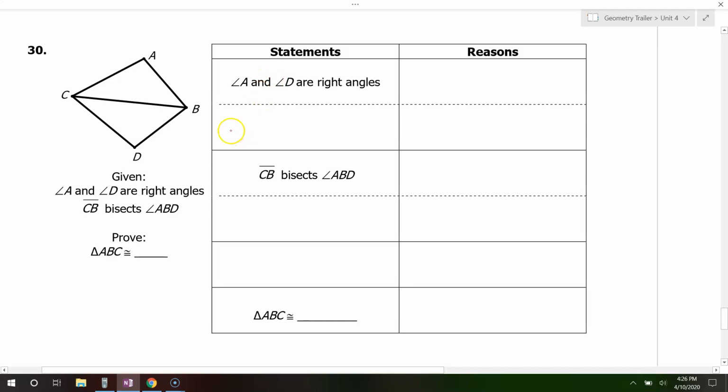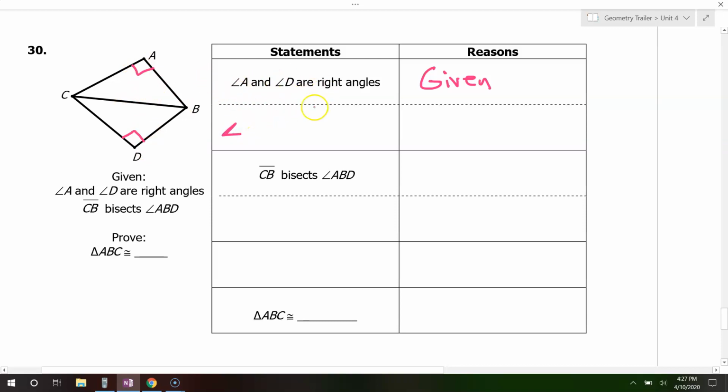We are given that angle A and angle D are right angles. So we can go ahead and mark that angle A and angle D are right angles. Fine, that's given. Now, if two angles are right angles, they are automatically congruent. So we have to say that as a separate line.